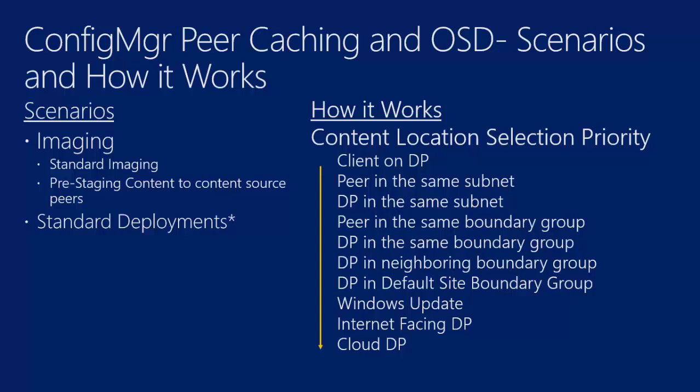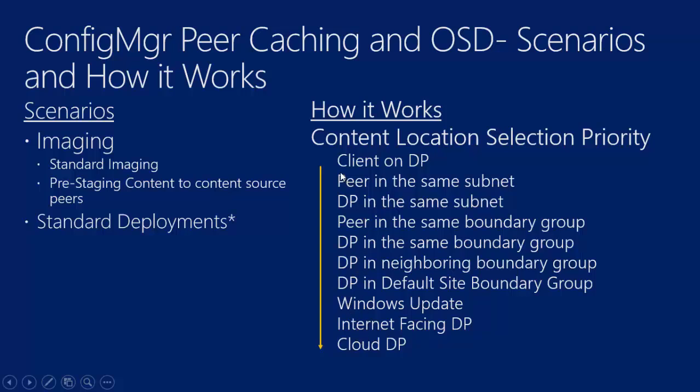But within that boundary group, we can opt to only allow devices that are on the same subnet to use a peer on that same subnet. That's this next selection criteria. So if there's a peer in the same subnet that has the content, we'll use that. Then we'll use a DP that's in the same subnet. Then we'll expand out. If there's a peer in the same boundary group, we'll use that, and then use a DP. And then we start rolling down to neighbor boundary groups, fallback scenarios, all the way down through Cloud DP.